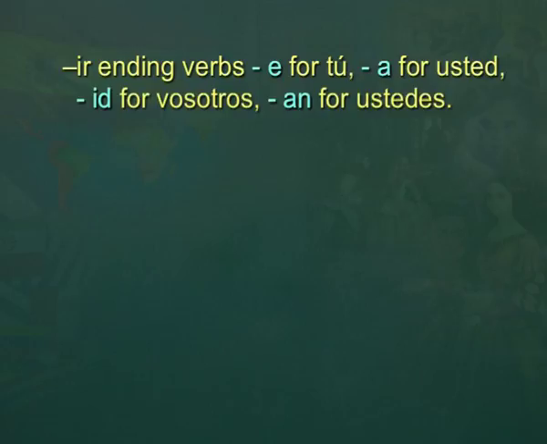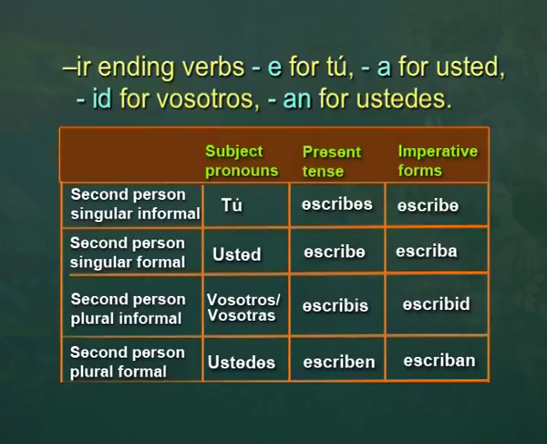For vosotros it is id and an is the ending for ustedes. Let us look at the verb escribir, to write. Escribe, escriba, escribid and escriban. Practice it in a similar way.